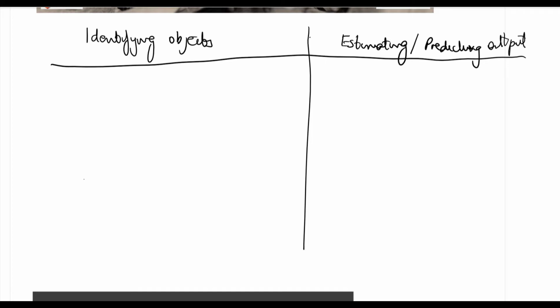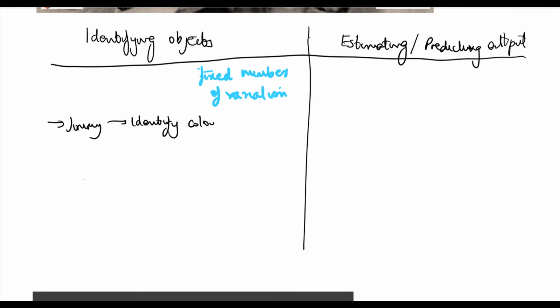So fundamentally, we say that we are identifying objects when the output has a fixed number of variations. So what do we mean by fixed number of variations? Let's take an example. In session 2, we looked at the fact that Jimmy had to identify colors. In that case, Jimmy had to identify 3 colors: red, blue, and green.